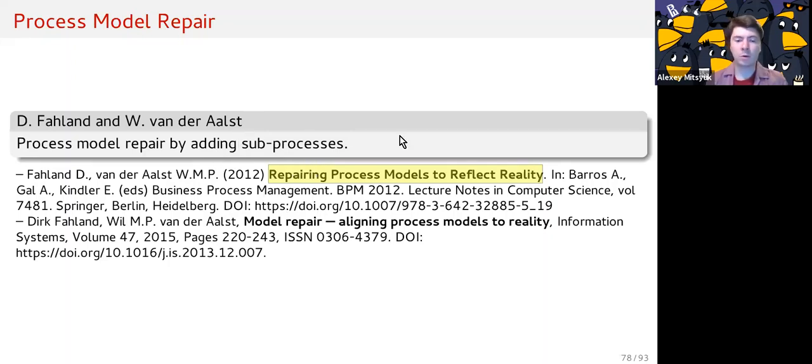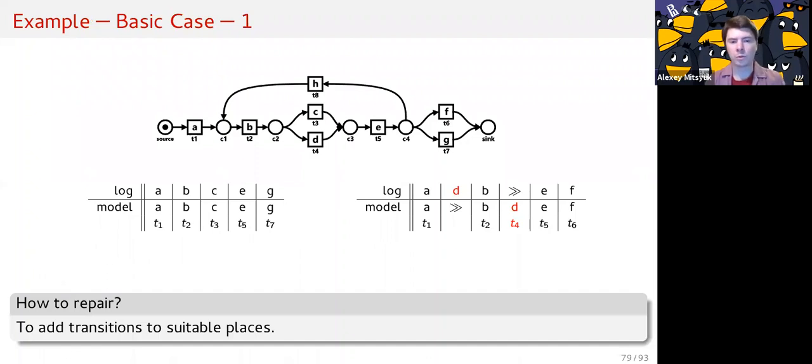And secondly, because these methods of adding new behavior to the model can be successfully used together with our repair approach, when we add no new behavior but rearrange existing behavior, and our method will be able to remove unneeded behavior from the process model.